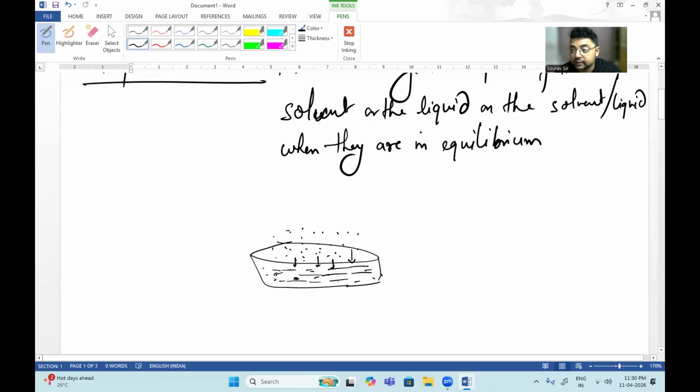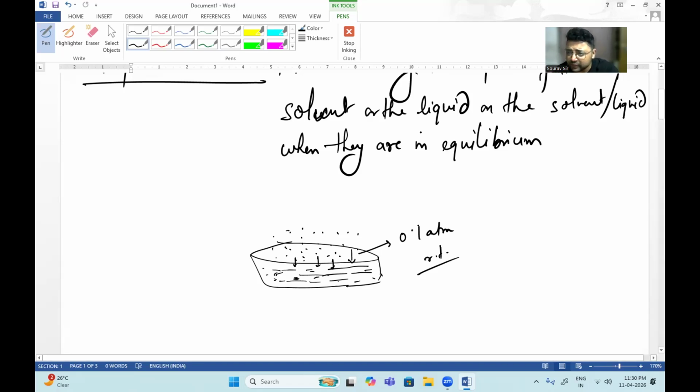Now, suppose the pressure here is 0.1 atmospheric pressure at room temperature, the pressure of the vapors that come out from the surface of the liquid. It is very less at room temperature.